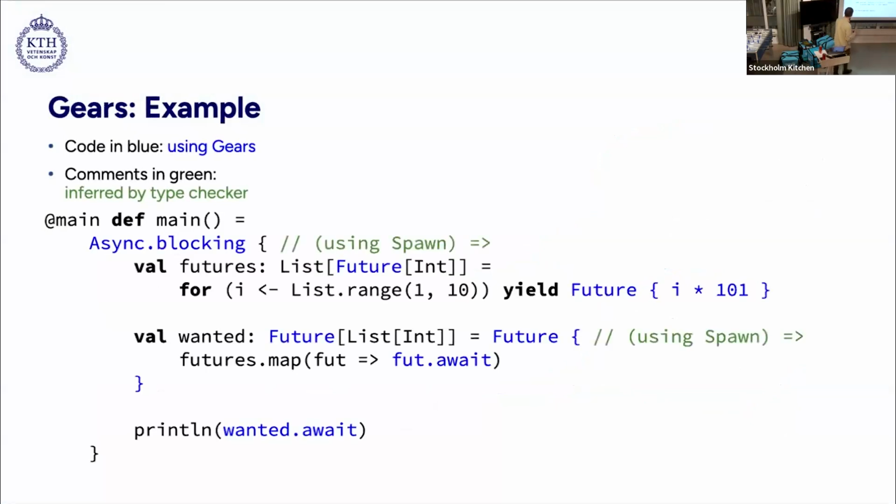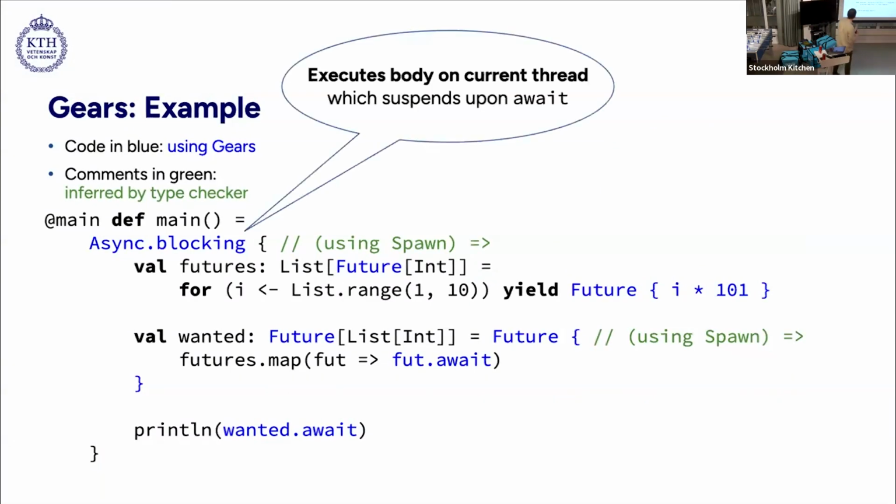And so what's happening is every Gears program needs one of these async.blocking blocks, at least one. Typically this is in your main program, right? And that one says, okay, we execute the body on the current thread. And if inside we have to wait, then the current thread will suspend.